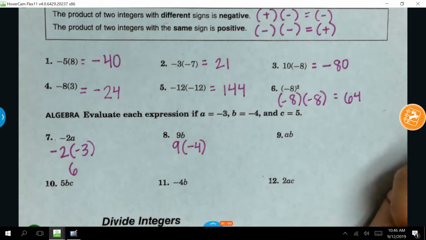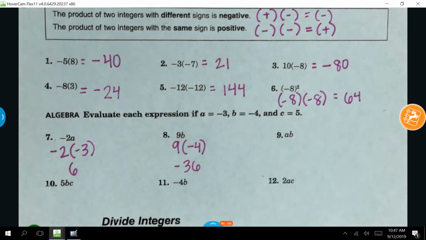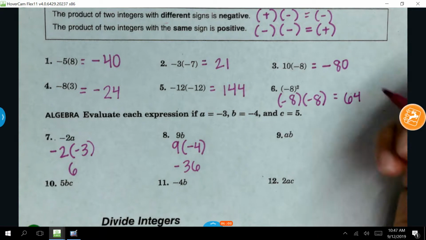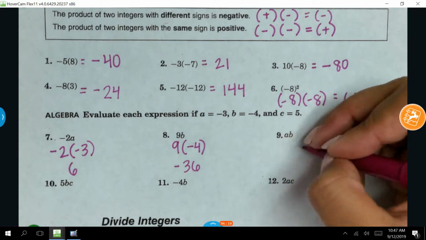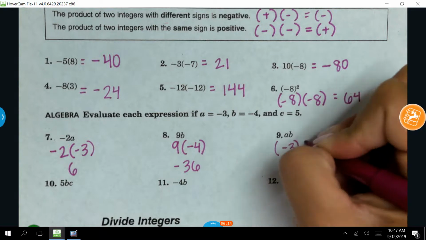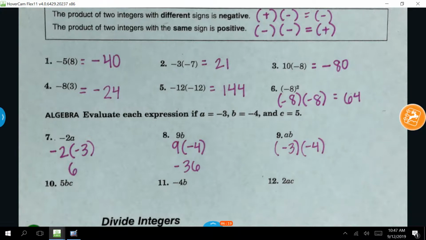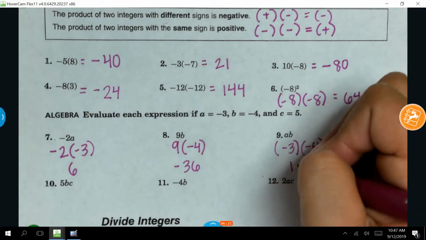So what's my answer, Shelby? Good. -36. Number 9, I have A times B. So that means I have -3 times -4. So what does that give me? +12.